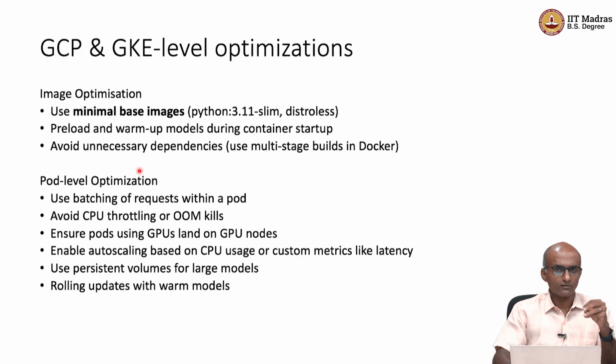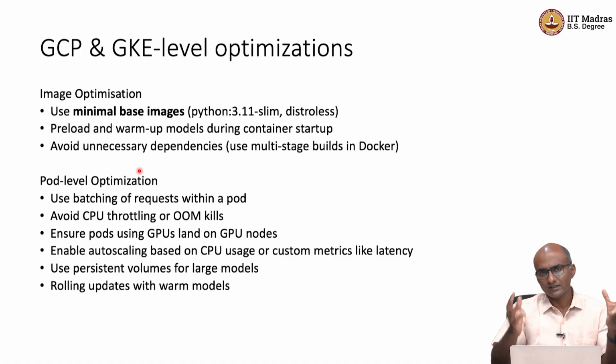So let's say, for instance, in your Docker file, if you remember from the previous week, you just specified Python 3.10, 3.11, etc. That includes the entire set of libraries that ship with a typical Python distribution.